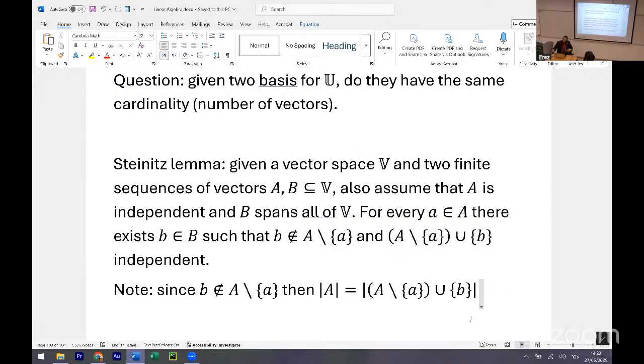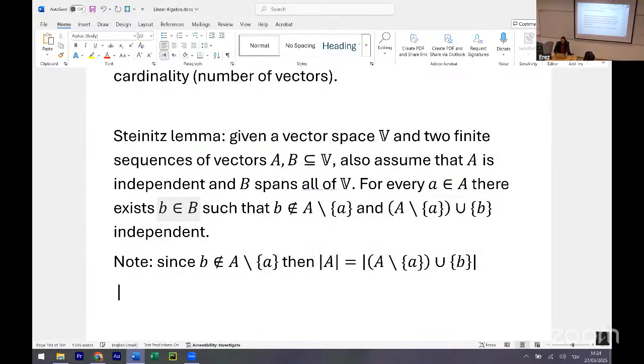But taking A being linearly independent, and saying B is not in A minus vector A, you could have two different vectors that represent the same direction. Yes. But what I'm saying is that there exists some vector such that it's independent. I said there exists, definitely not all. Okay?